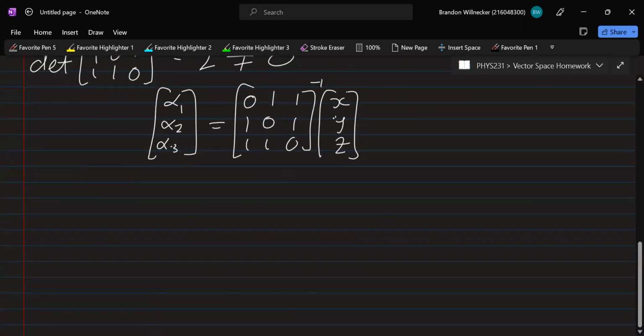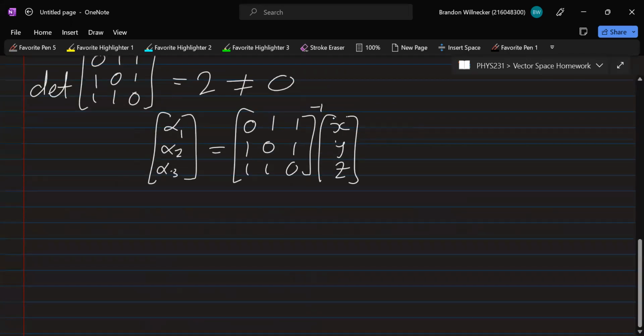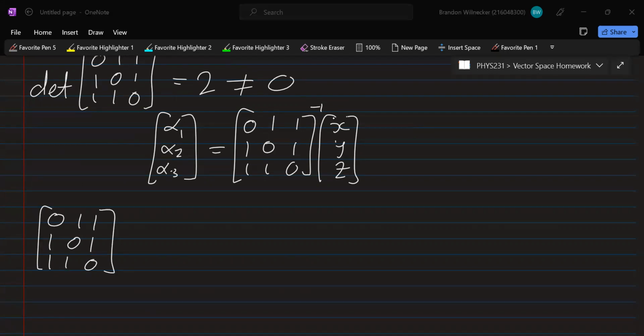Okay, let's get back to showing that these are linearly independent. The way that we do that is we take these vectors and we write them as the rows of a matrix. So we're going to have 0, 1, 1, 1, 0, 1, 1, 1, 0. And we are going to perform row operations.